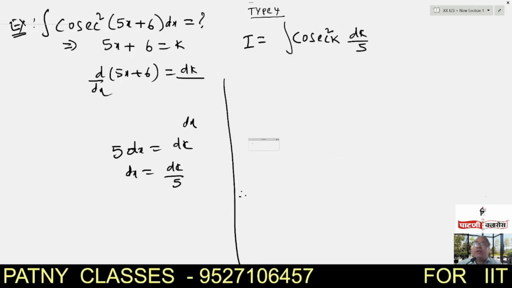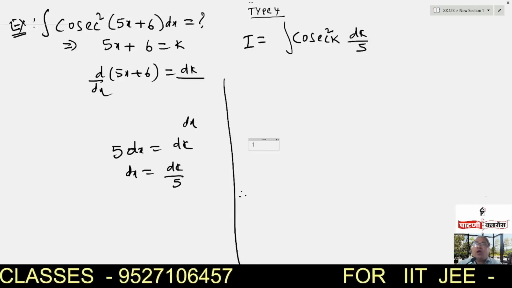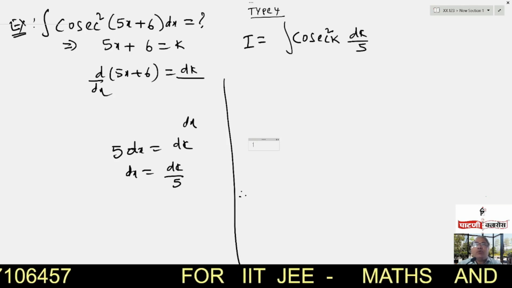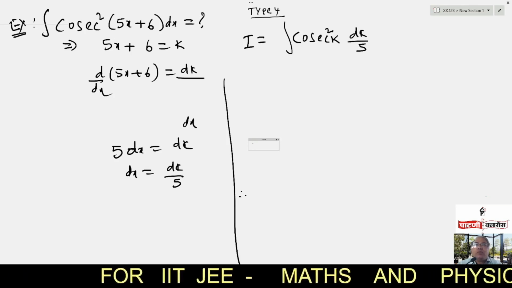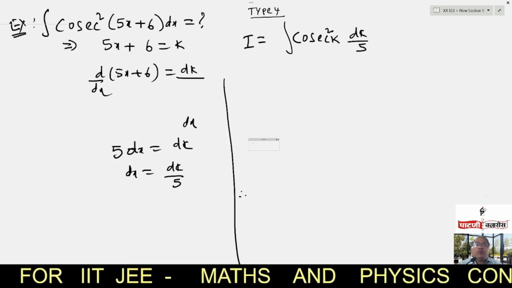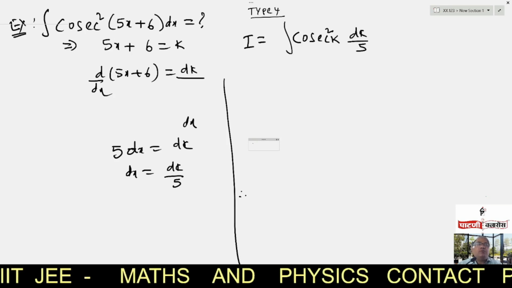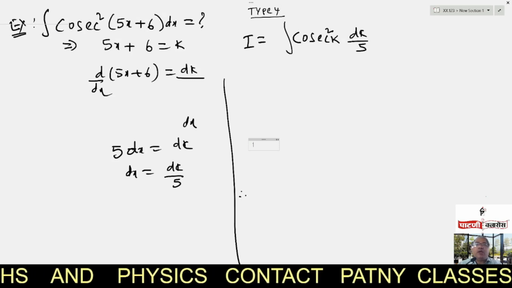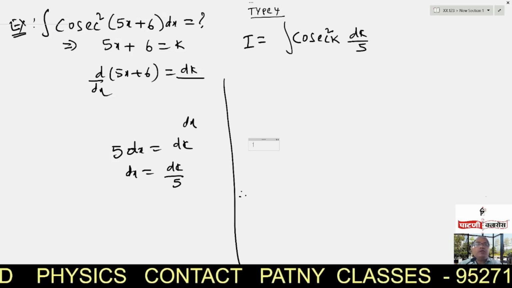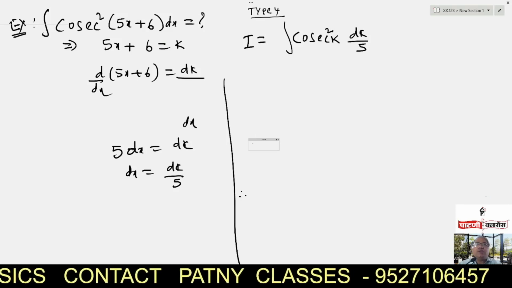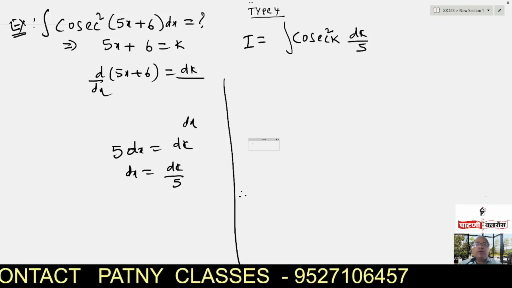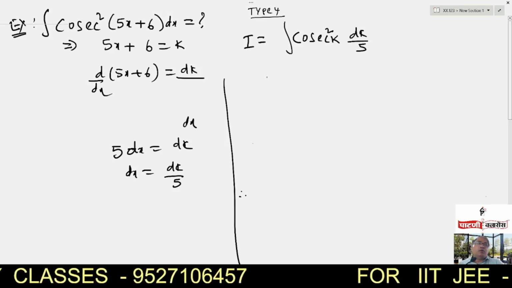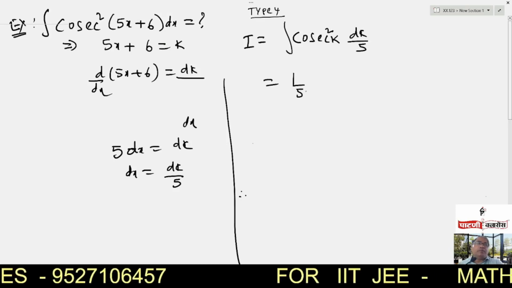Another example, integration of cosec square of 5x plus 6 with respect to x equals how much? We put 5x plus 6 equals k. We get dx equals dk upon 5. Therefore, integration I becomes integration of cosec square k dk upon 5. Now, we take the 1 upon 5 outside.